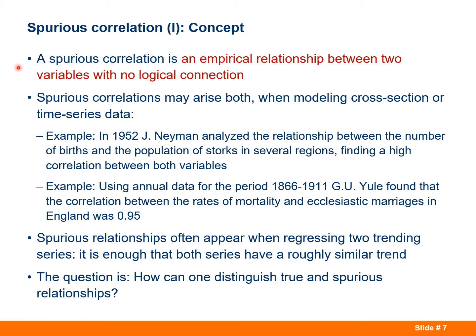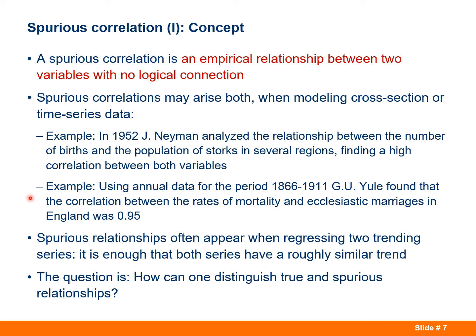As I have just said, a spurious correlation is an empirical relationship between two variables with no logical connection. It may arise both when we are modeling cross-section and time series data. For example, in 1952, Niemann showed that the relationship between the number of birds and the population of storks, stork is cigüeña in Spanish, in several regions was significant, and he found a high correlation between both variables.